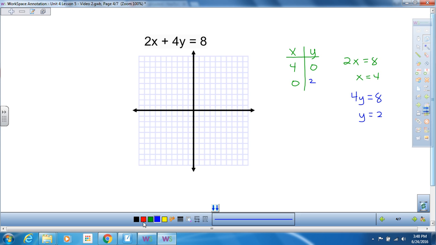Okay, and then you want to graph those 2 points. It's always a good idea to put the scale on your graph, so whoever is reading it or looking at it after can tell what your graph means, where the points are. So I have a point (4, 0), and I have a point (0, 2).